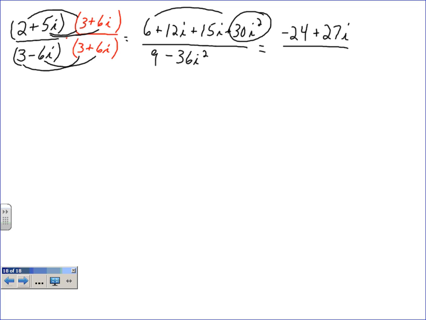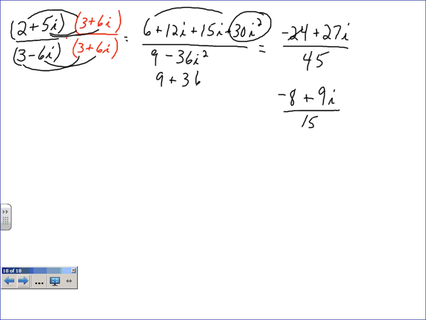What is negative 36i squared? Plus 36, 9 plus 36, 45. All right. All three numbers are divisible by what? 3. Okay. So negative 24 divided by 3 is negative 8. 27 divided by 3 is 9. And 45 divided by 3 is 15.